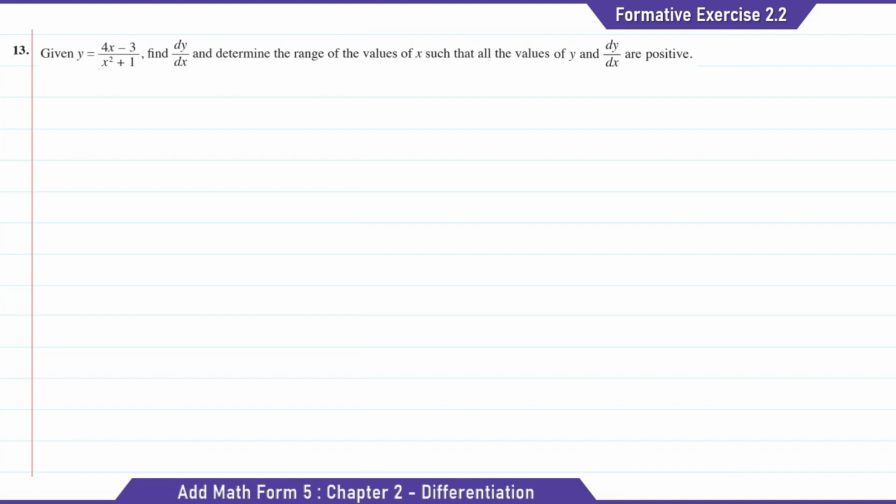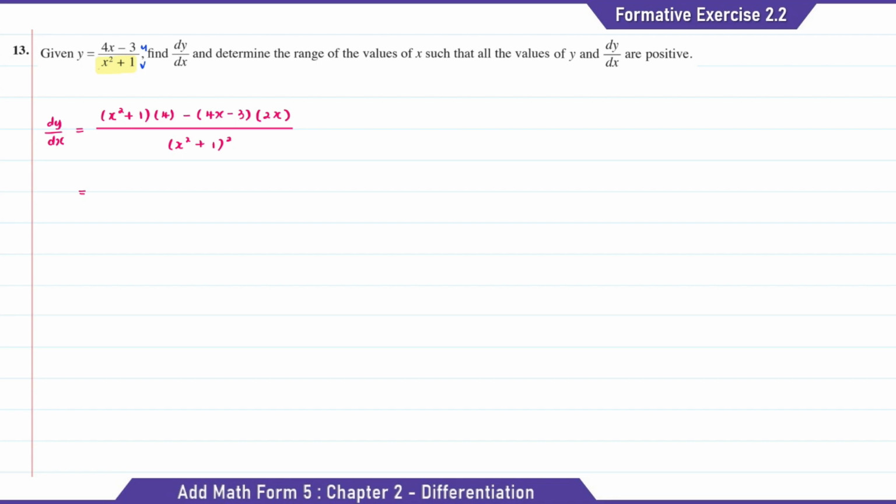Question number 13. Given y equal to 4x minus 3 over x squared plus 1, find dy/dx and determine the range of the values of x such that all the values of y and dy/dx are positive. To find dy/dx, here we'll need to use the quotient rule. First, copy the v, x squared plus 1, then differentiate the u, which is 4, then minus the u, 4x minus 3, then differentiate the v, which is 2x, over v squared, x squared plus 1, squared.